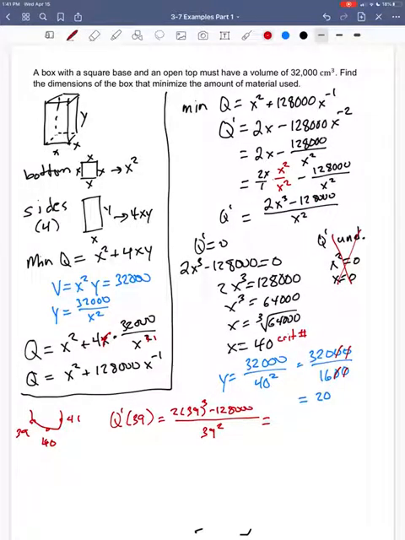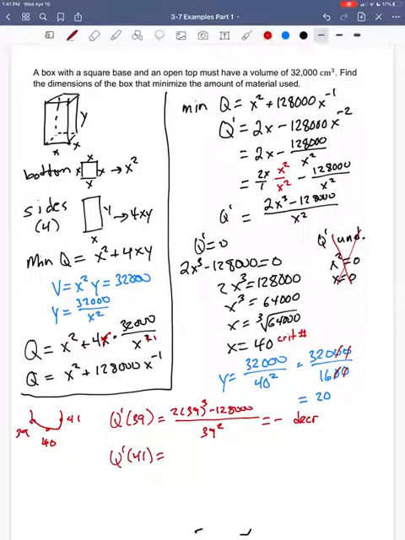So that's going to be a negative number, so it's going to be decreasing at 39. If I plug in 41, sort of the opposite happens. If I plugged in 40, this would be exactly 0. If I plug in 41, this becomes a little bit bigger. That makes the top positive, the bottom stays positive.